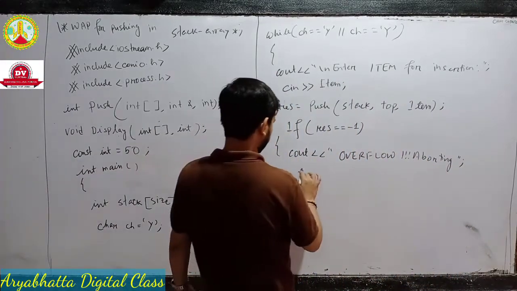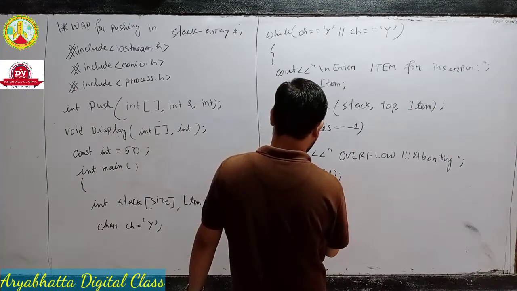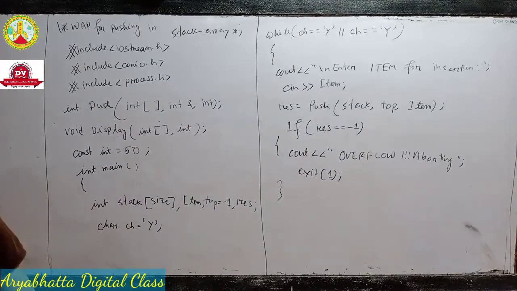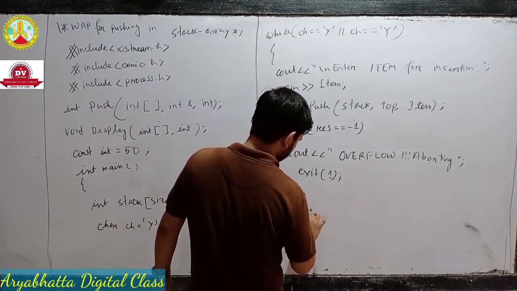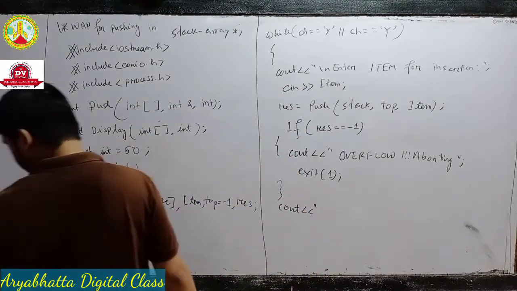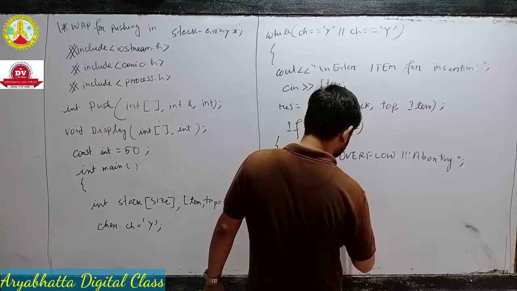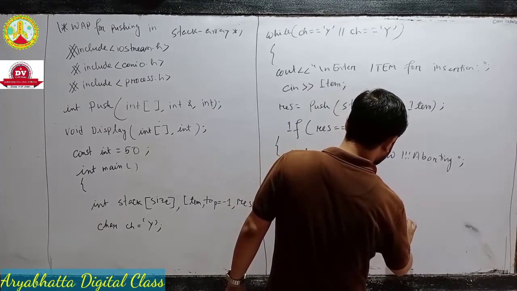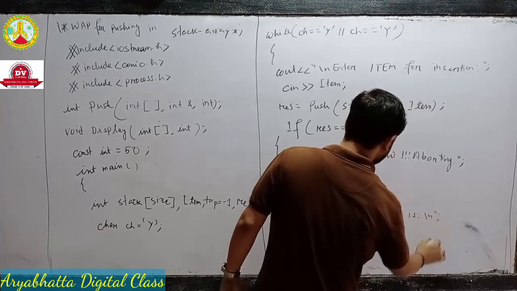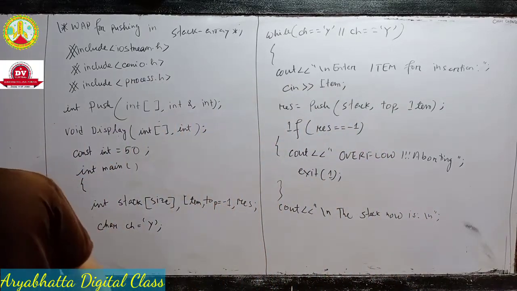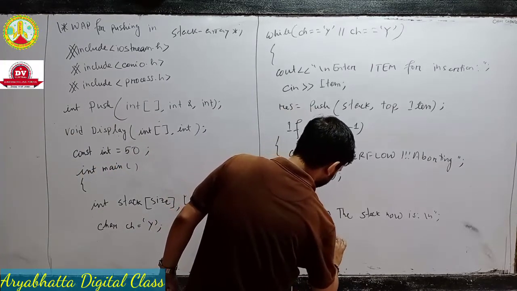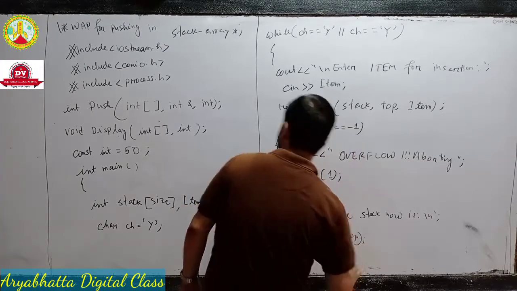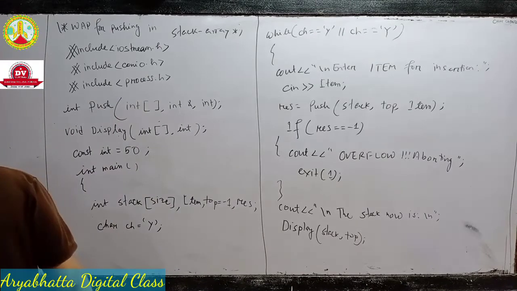Exit. Otherwise, cout the stack now is, and the display function will be called with stack and top.